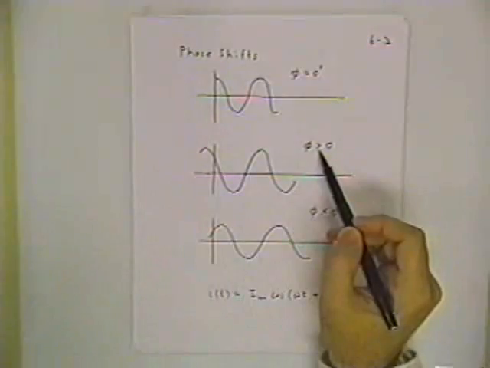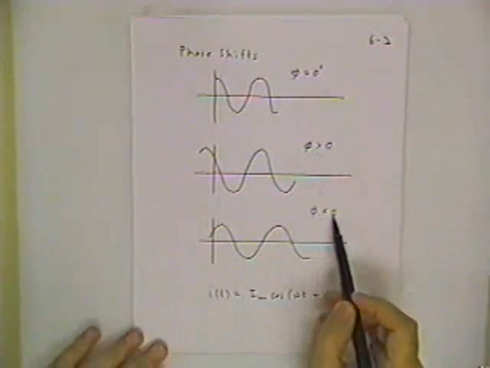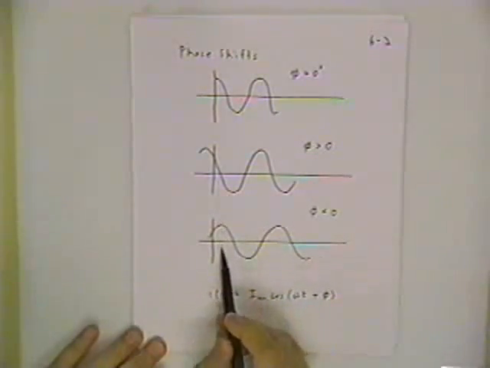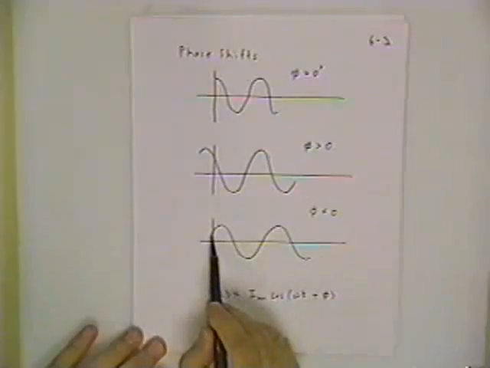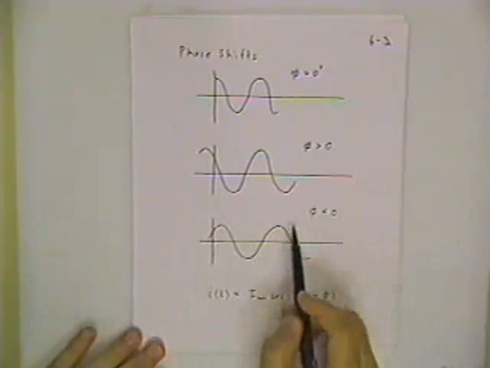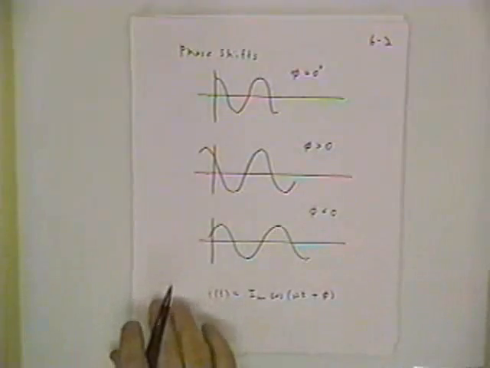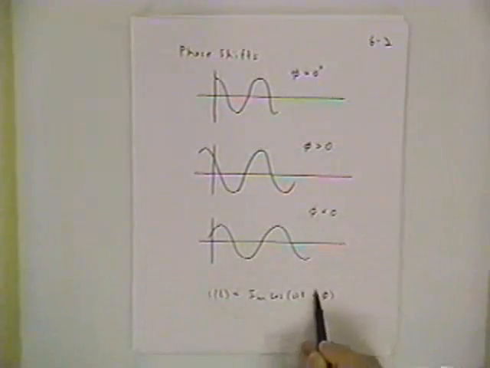Positive things should be motion to the right, negative things should be motion to the left. So compare that with a negative phase shift. If you started off with the time axis here and you shoved it over to the left a little bit, that would be a small negative phase shift. I hope that helps you in sorting out problems involving actual values for phase angle.